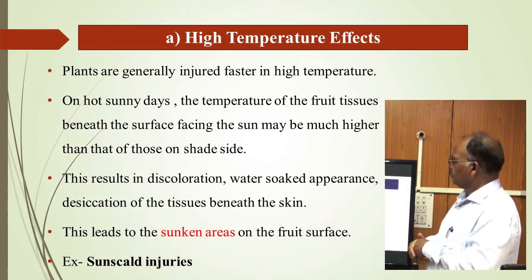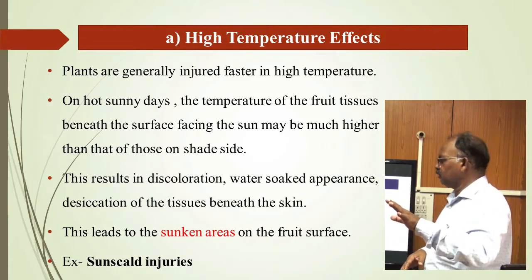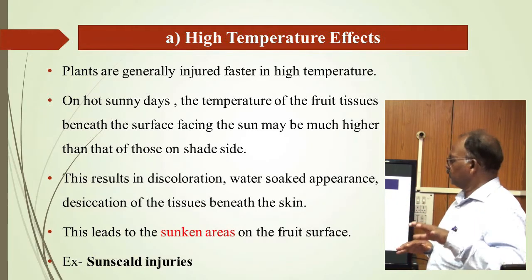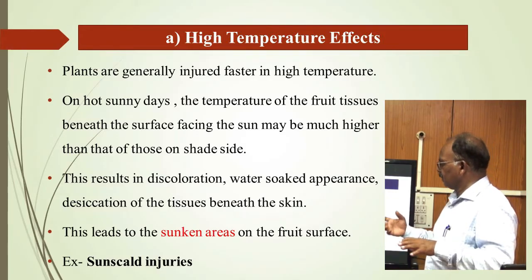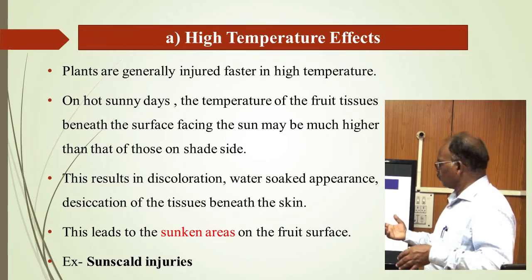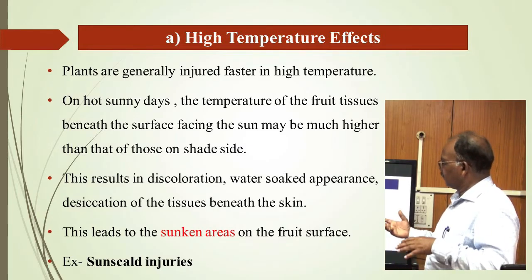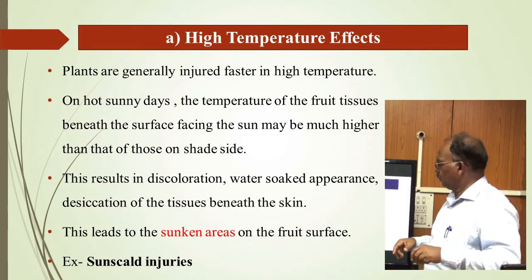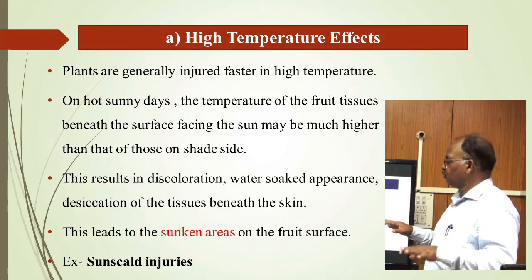On hot sunny days, the temperature of the fruit tissues beneath the surface facing the sun may be much higher than those on the shade side. This results in discoloration, water-soaked appearance and desiccation of the tissues beneath the skin. This leads to sunken areas on the fruit surface, for example sunscald injuries.